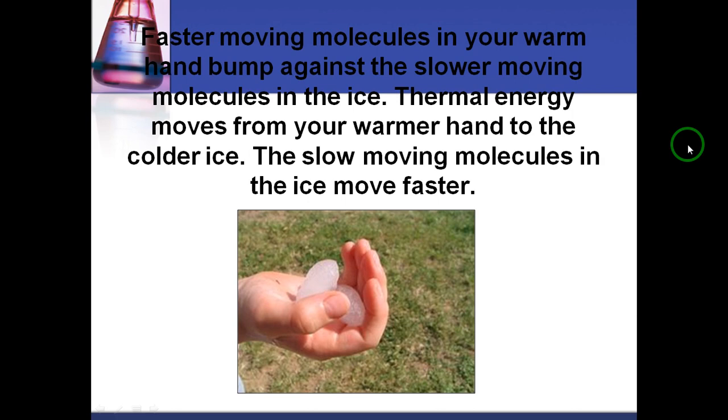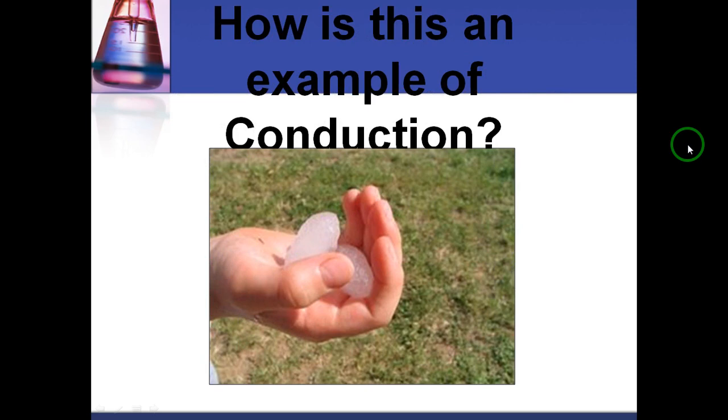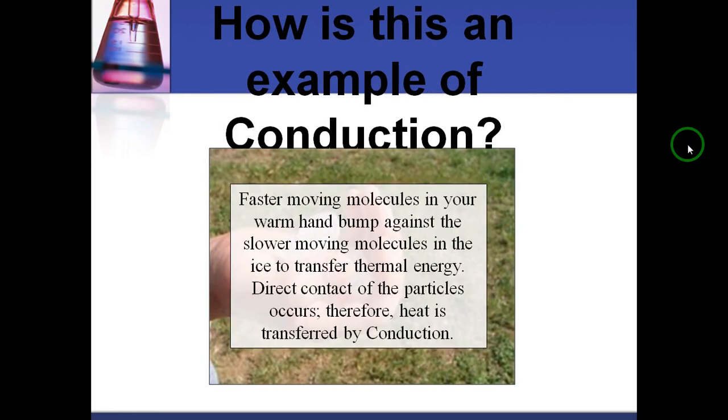Thermal energy moves from your warm hand to the cold ice. How is this an example of conduction? Faster moving molecules in your warm hand bump against the slower moving molecules in the ice to transfer thermal energy. Direct contact of the particles occurs. Therefore, heat is transferred by conduction.